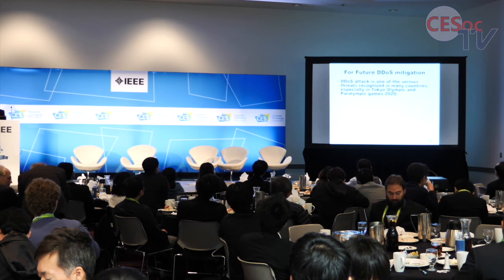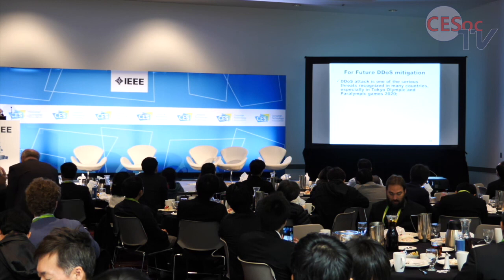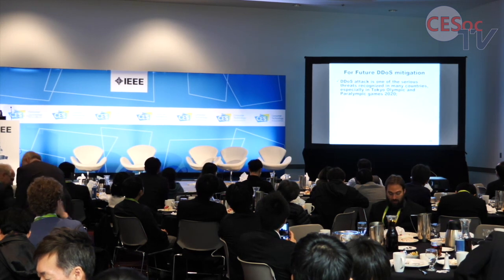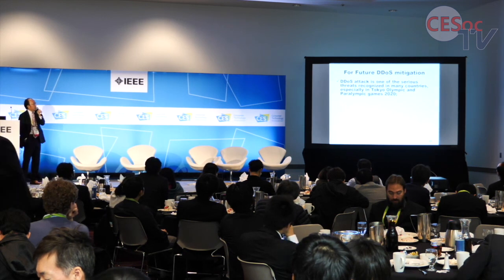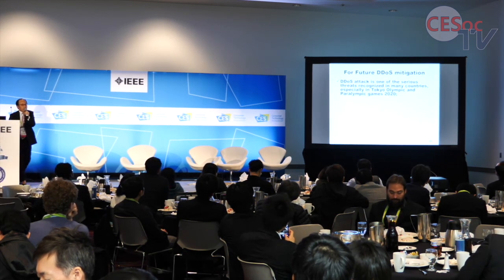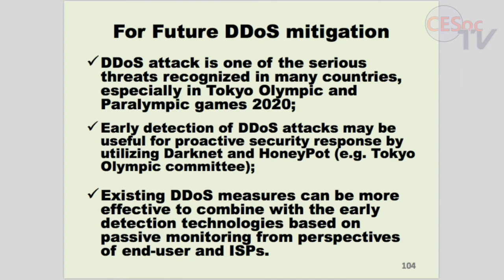So, future DDoS mitigation. DDoS attack is one of the very serious threats recognized in many countries, not only Japan. But in the case of Japan, we are facing Tokyo Olympic 2020. DDoS is maybe a very, very serious problem. And early detection of DDoS attacks may be useful for proactive response by utilizing the darknet and honeypot.